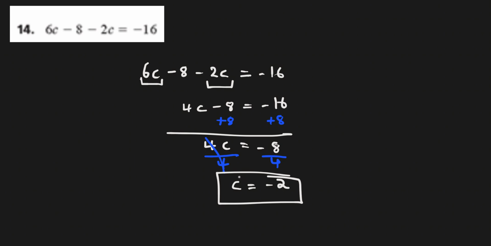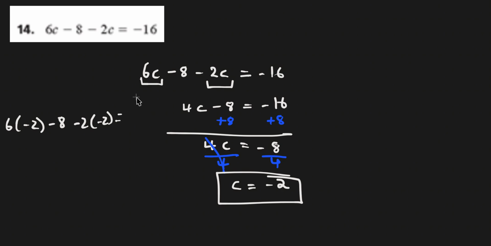So if you wanted to check, I guess you can check. You can combine like terms and check, or you can check without combining like terms. Let me just write it in the way that it's given to us here. So 6 times negative 2, minus 8, minus 2 times negative 2 is equal to negative 16. At least it's supposed to be equal to negative 16.